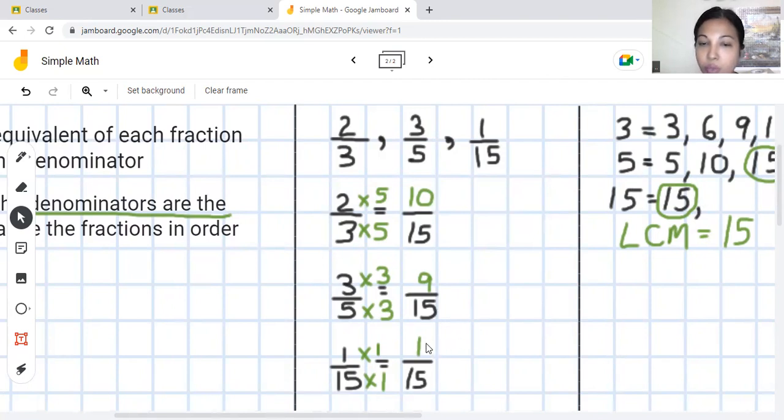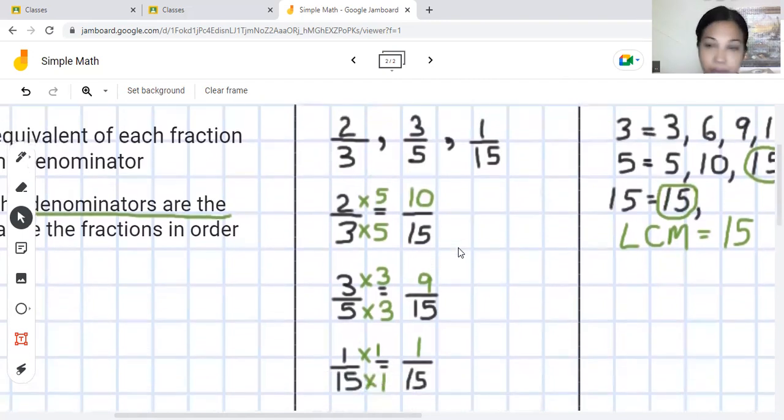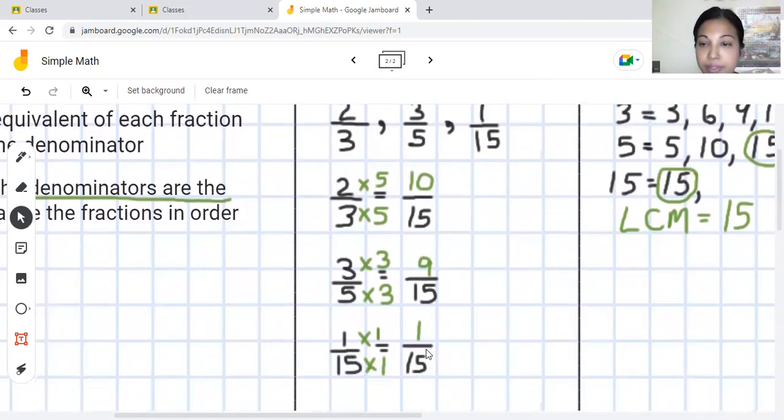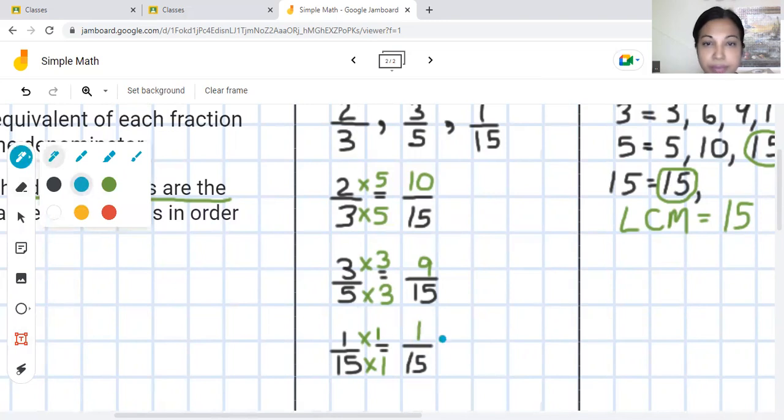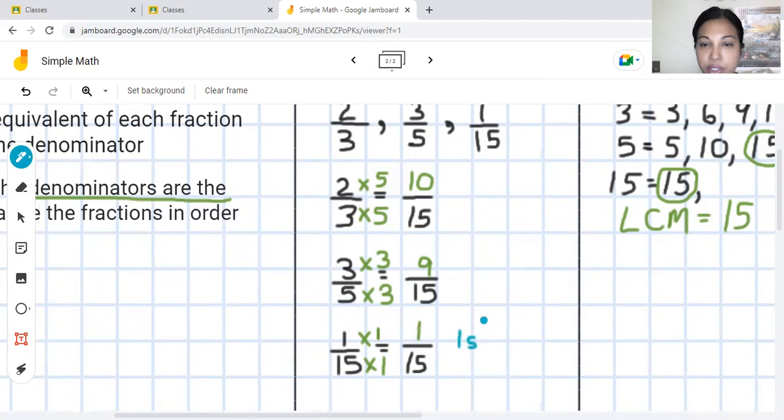Because obviously 1 out of 15 parts is smaller than 9 out of 15 parts or 10 out of 15 parts. So therefore, the smallest fraction is 1/15. So I can say then that this fraction would be first if I have to arrange it, right?